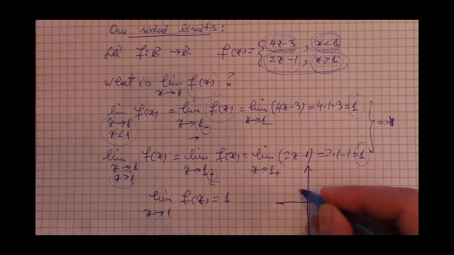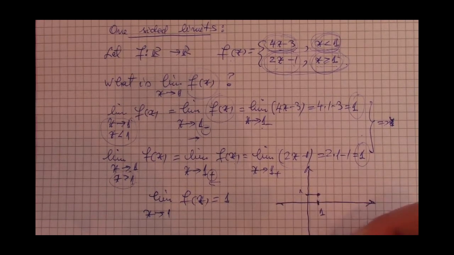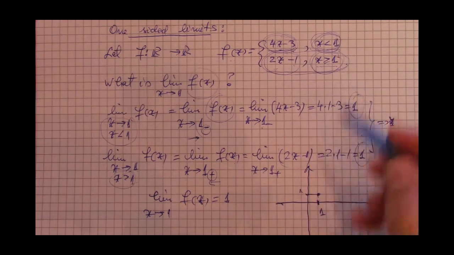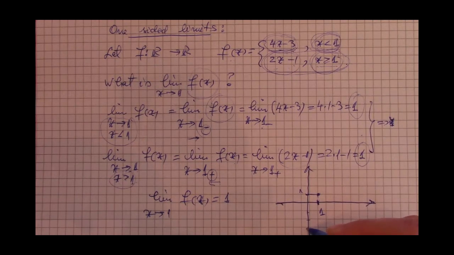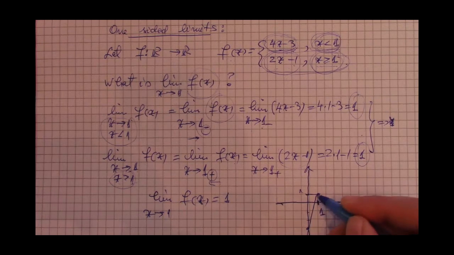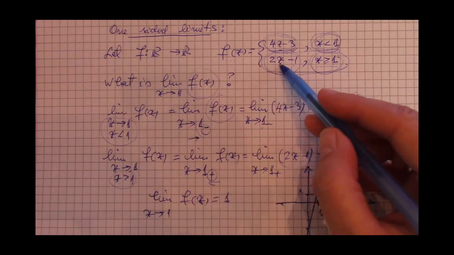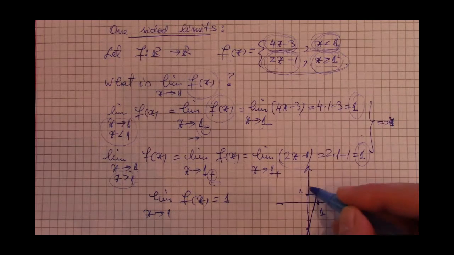So we get the point 1, 1. Now if x is equal to 0, we plug in here, so we get minus 3. This is another point, so we get a half line like so. Then if, for example, x is 2, we get 2 times 2, 4, minus 1, 3.